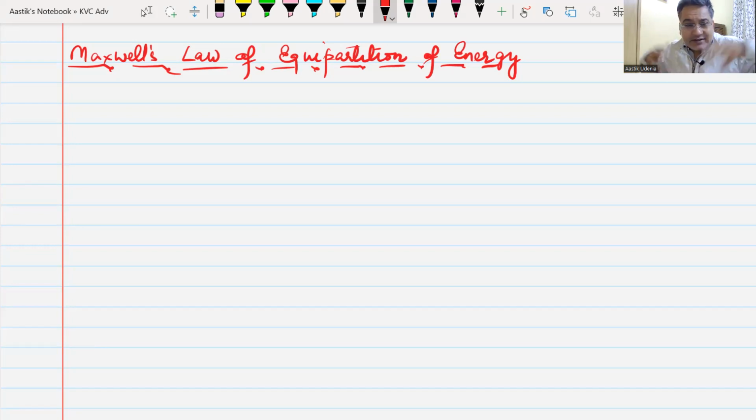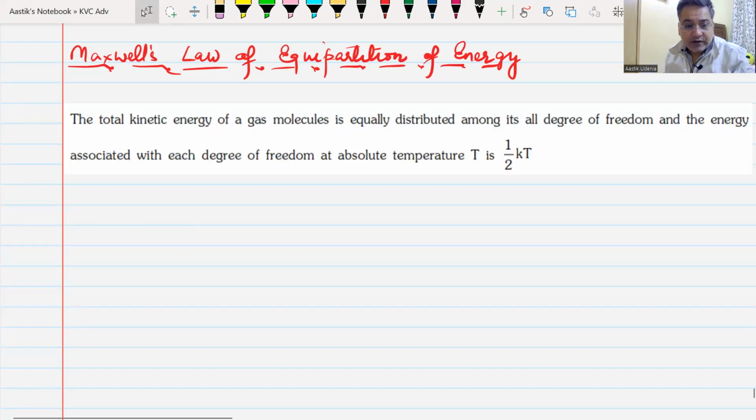The total kinetic energy it has, it will equally distribute among every particle in every degree of freedom, and the kinetic energy per molecule per degree of freedom is given by half kT.